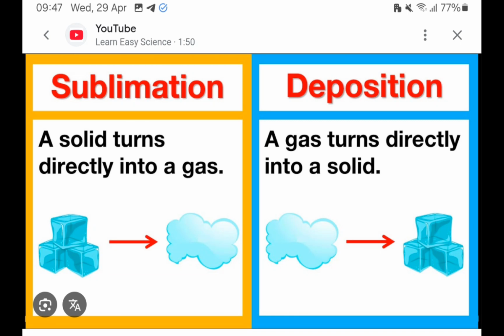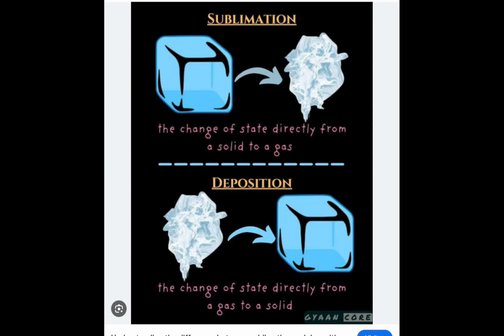Sublimation, a solid turns directly into a gas. This is a sublimation example. And deposition, a gas turns directly into a solid. Sublimation, a change of state directly from solid to gas. Deposition, gas to solid.